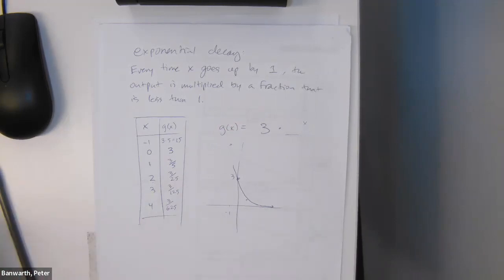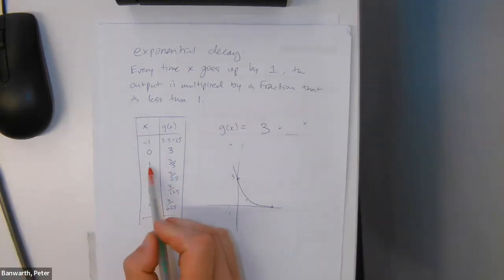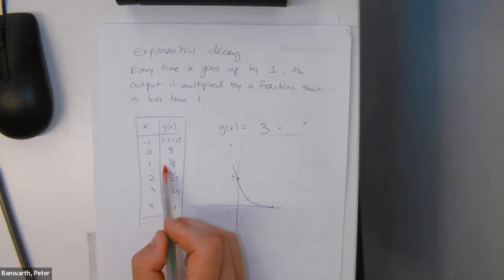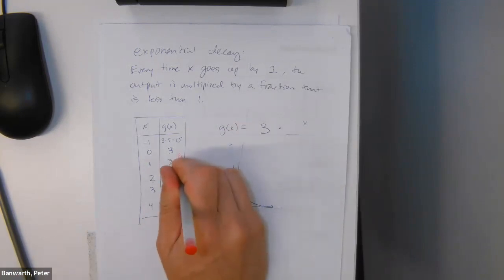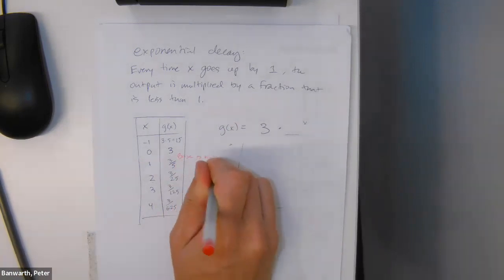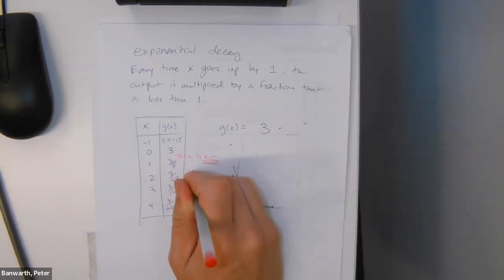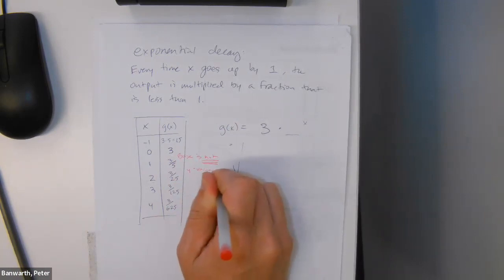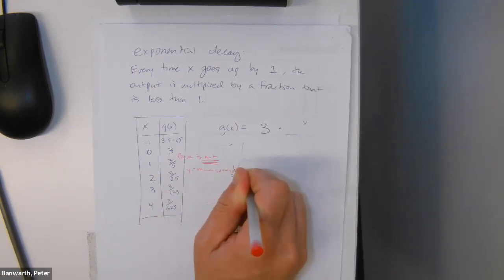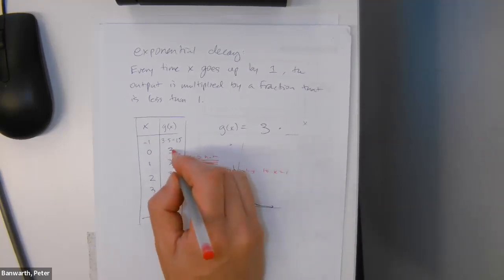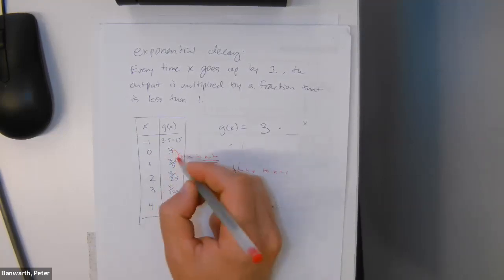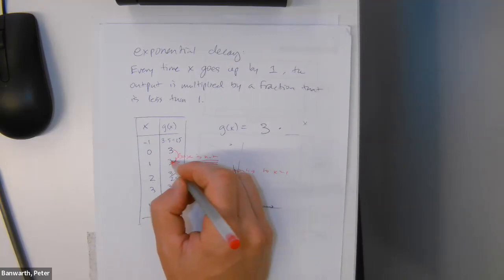So one common mistake is to look at when x equals 1 and think that is my base, but that's not my base. The base is not the y value corresponding to x equals 1. The base is the multiplying factor that goes from 0 to 1, goes from 1 to 2.